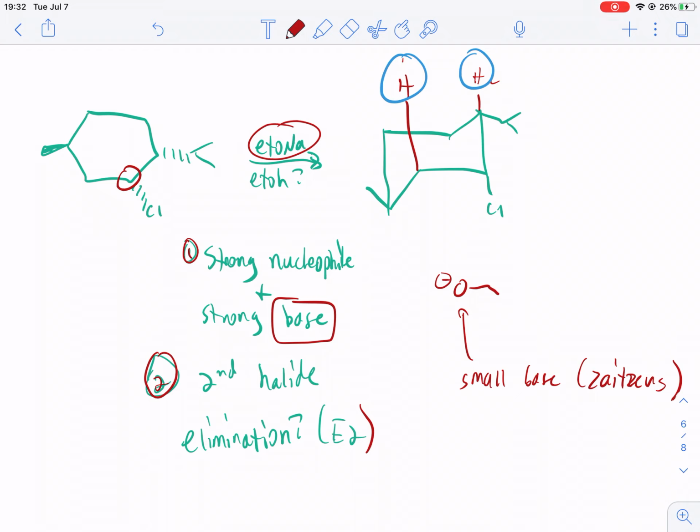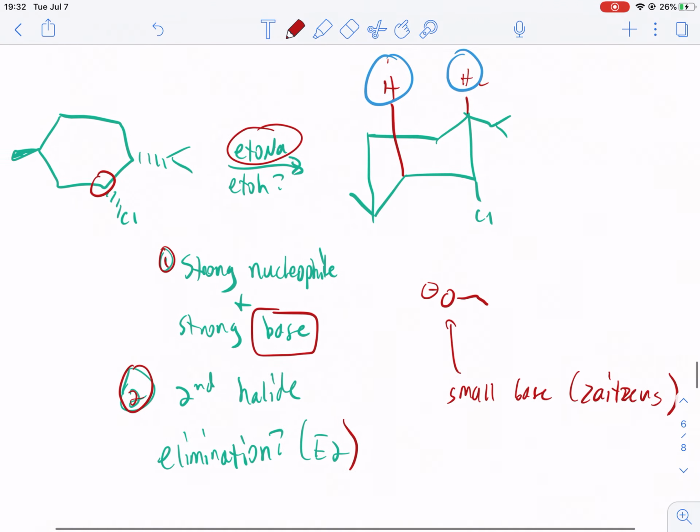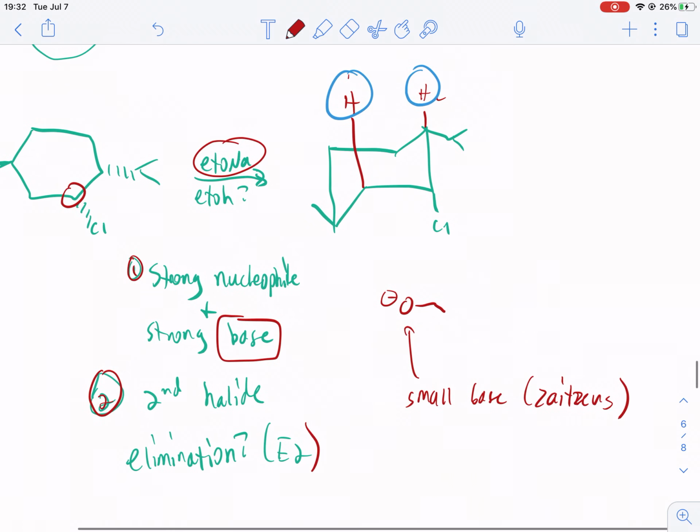because the nucleophile would have an easier time pulling off one of these hydrogens than it will attacking, given the situation. And we have a small base, okay?